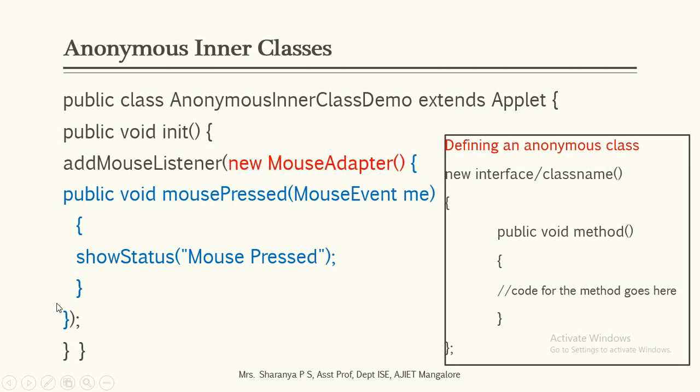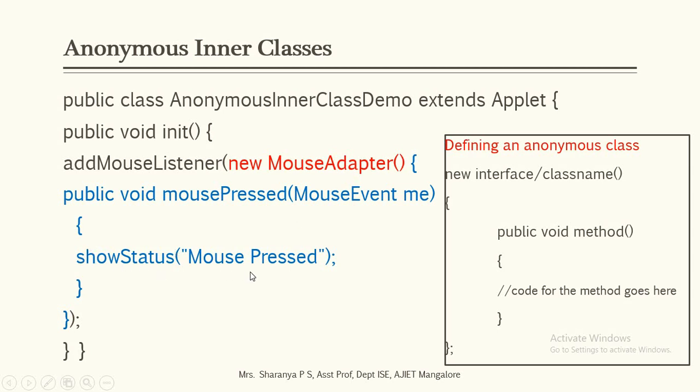Inside this, from here to here, MouseAdapter acts as an anonymous inner class. We have not given any name here, rather we are just referring with MouseAdapter. And then public void mousePressed is a method that we are writing here, and inside that method we have written mousePressed.